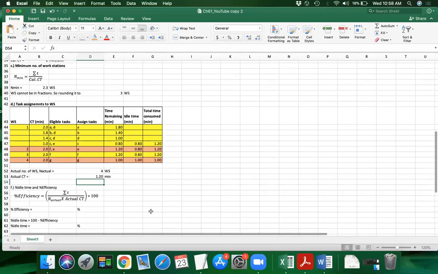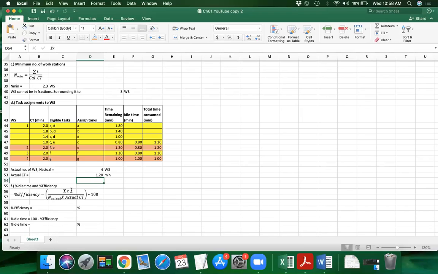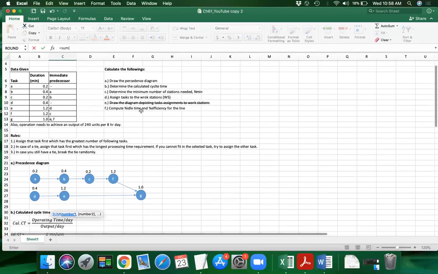Now what we have to do is calculate the percent idle time and percent efficiency. So let's calculate the percent efficiency first, which is given by this formula: total task time divided by n actual, which is 4, times actual cycle time, which is 1.2. So here again, we have to sum up the total task time. So let's sum it up.